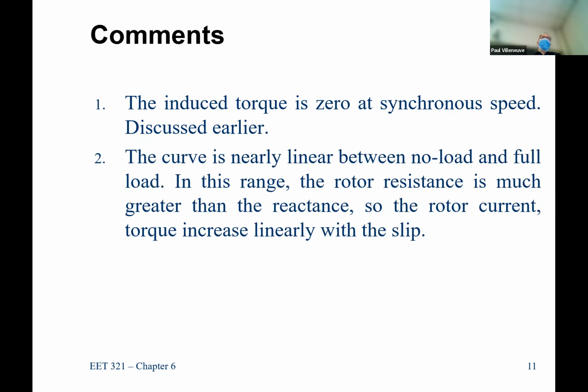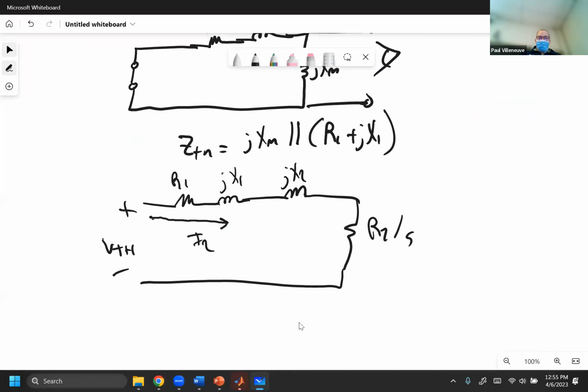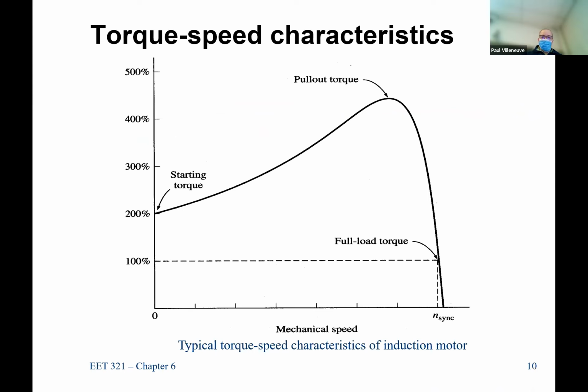It's pretty linear between no load and full load. What that means is, I'm going to go back up here, it's pretty linear, like this line has a fairly constant slope.